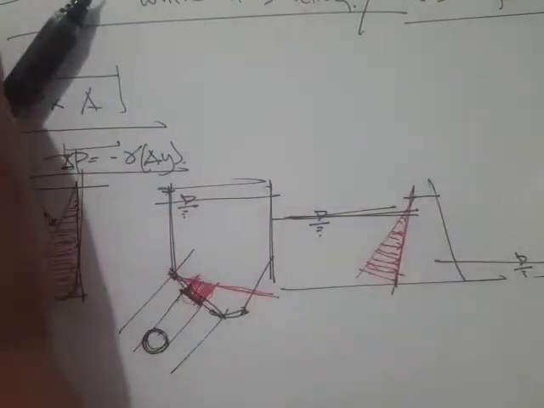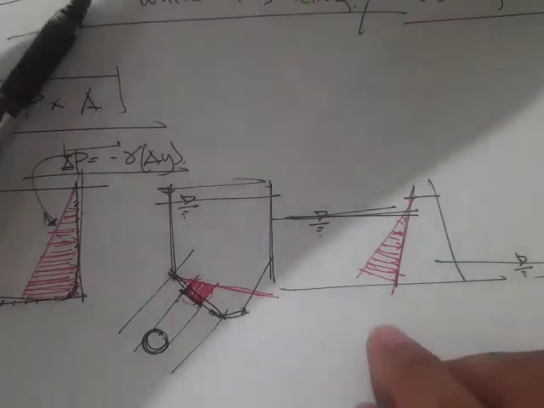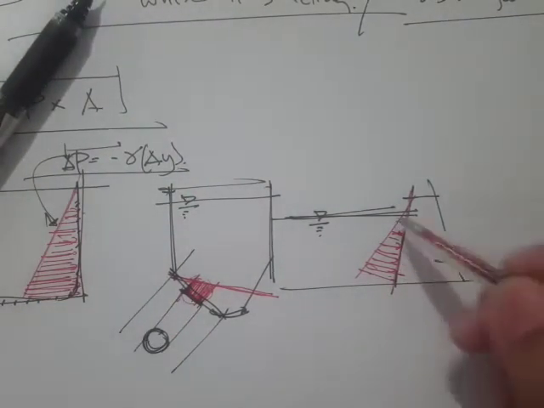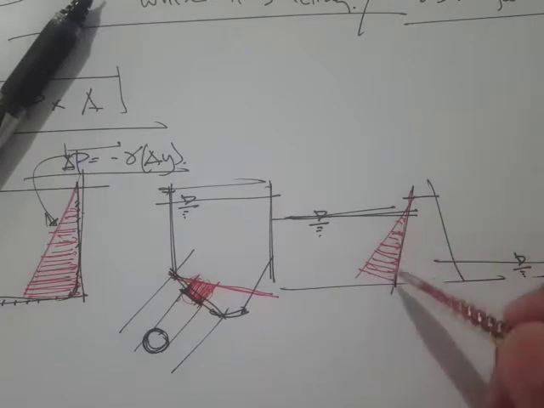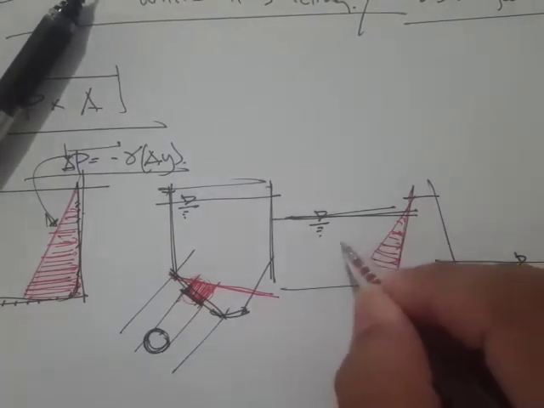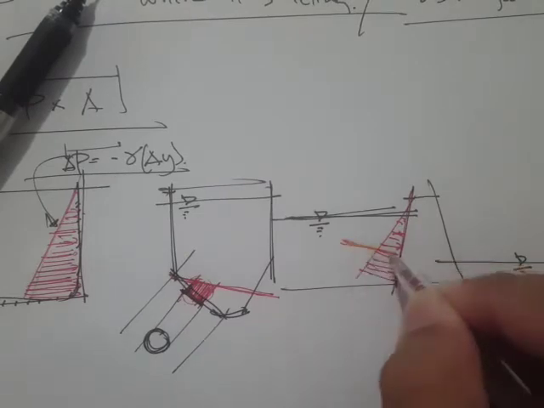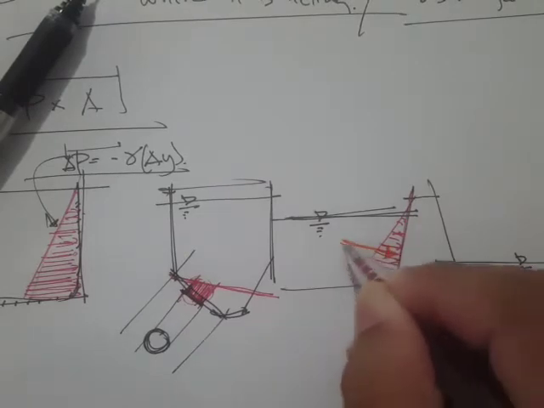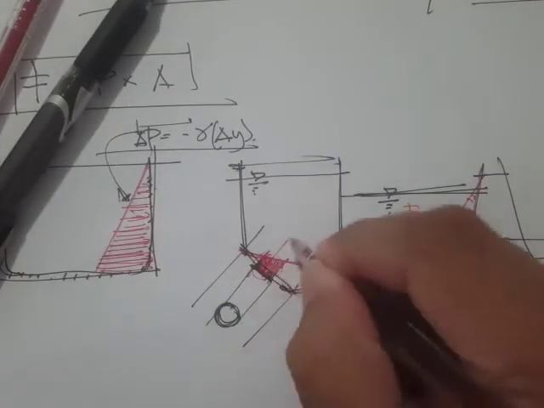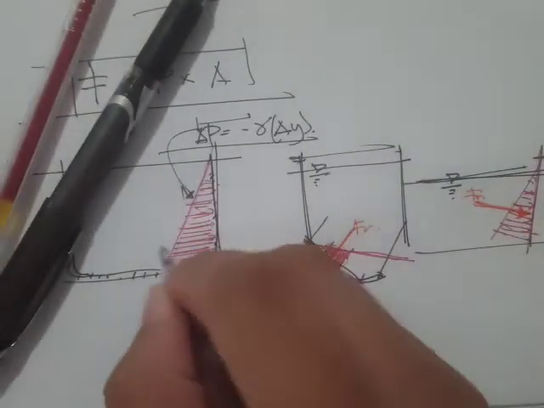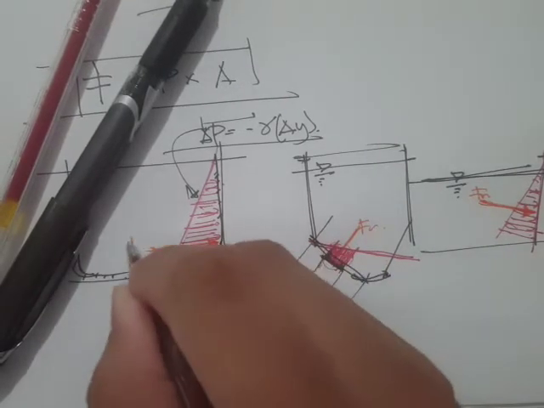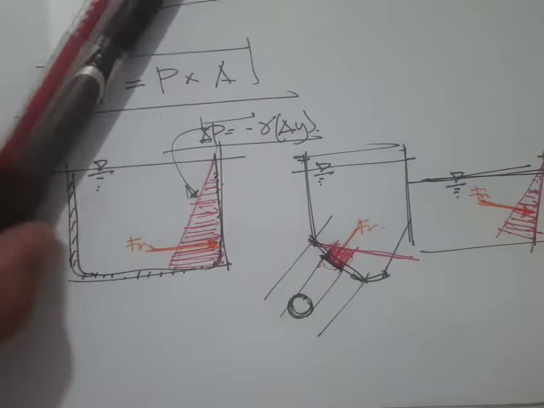And if we multiply this pressure profile by the area on which it is acting, then what we get is a force, and that force is actually a resultant force, right? So Fr, this one would also be Fr, this one would also be Fr.